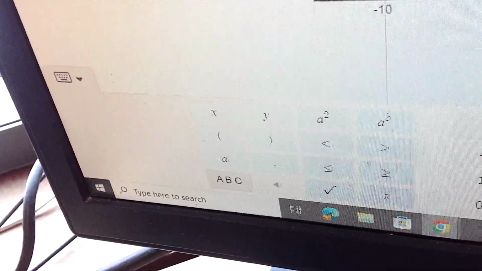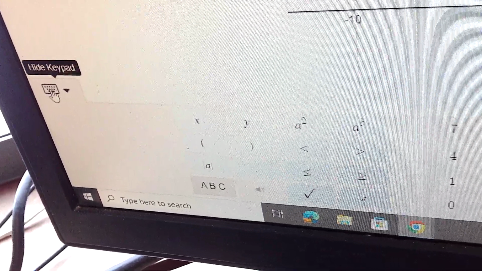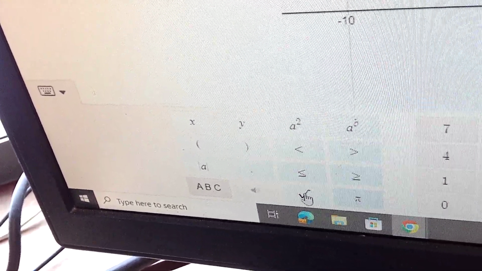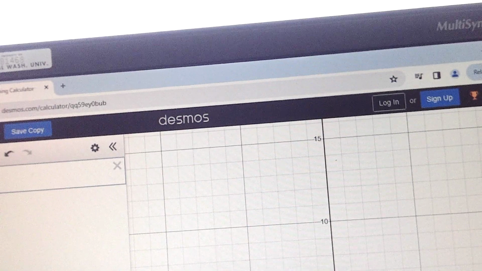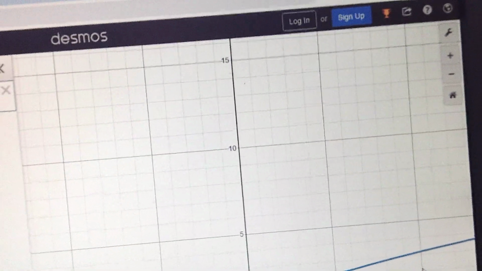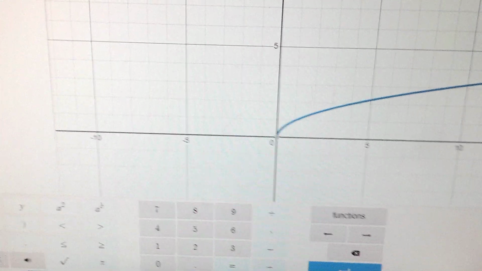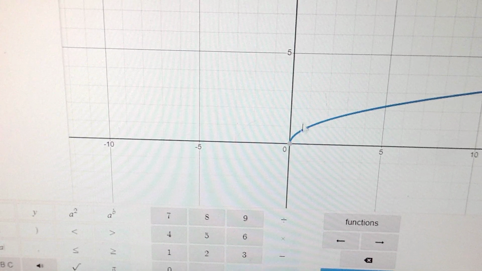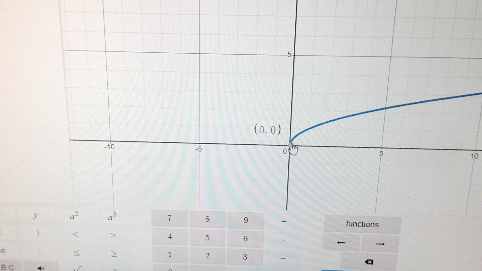I click on that keypad and I can get the square root. I had to have the square root of x, which has a domain of 0 or bigger. I can use those and get y values.